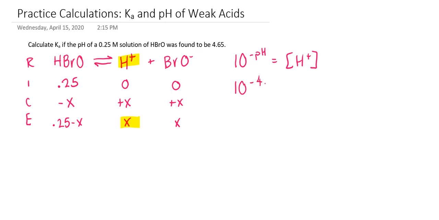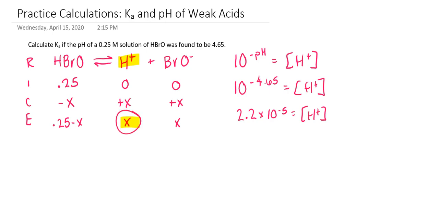So the pH is 4.65. 10 to the negative 4.65 gives me 2.2 times 10 to the negative 5th. So that's the concentration of H+, and again, that is also going to equal X.